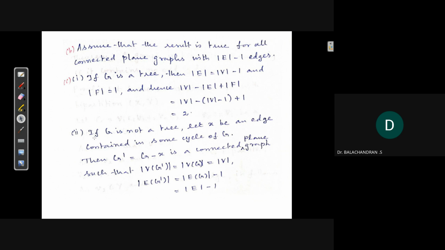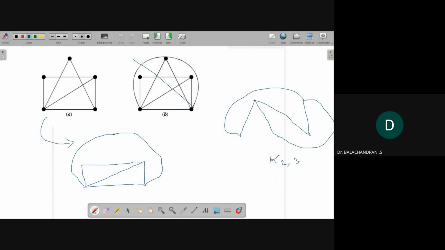Okay. Now, if G is not a tree, it means it contains a cycle. So I'll choose an edge in the cycle. Let X be an edge contained in some cycle of G. Now, I'll draw a diagram.